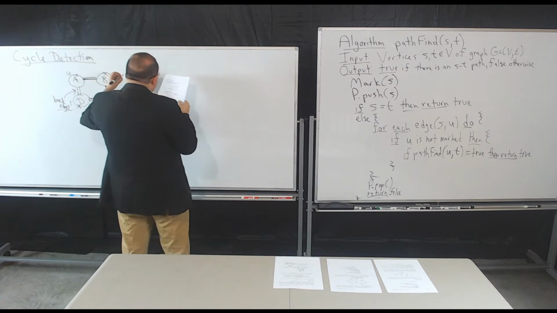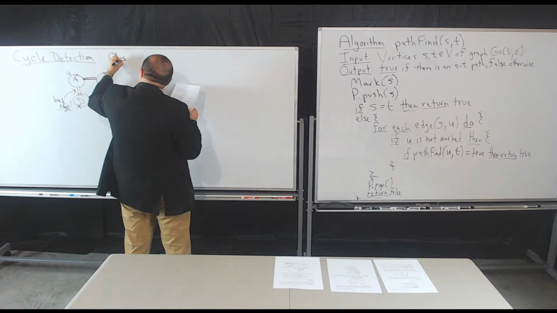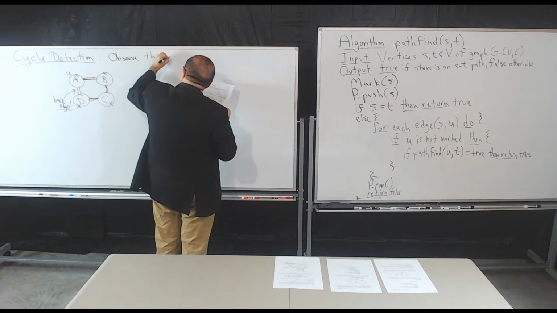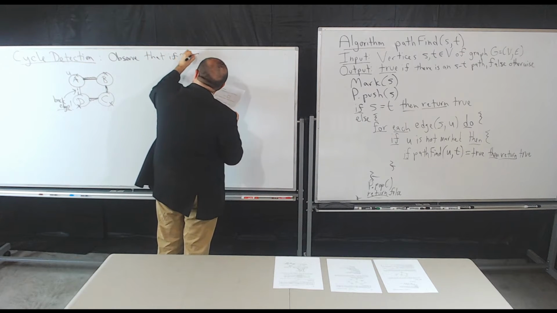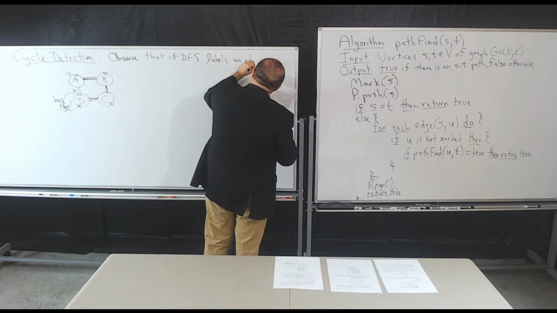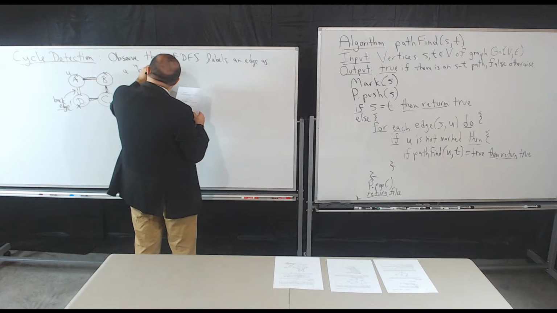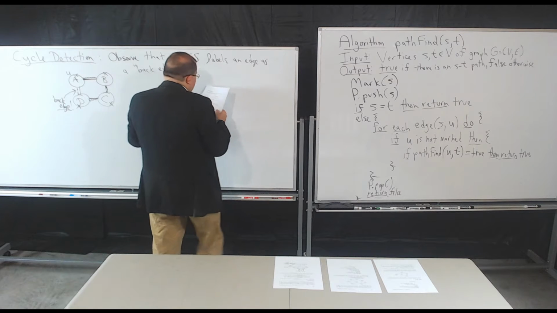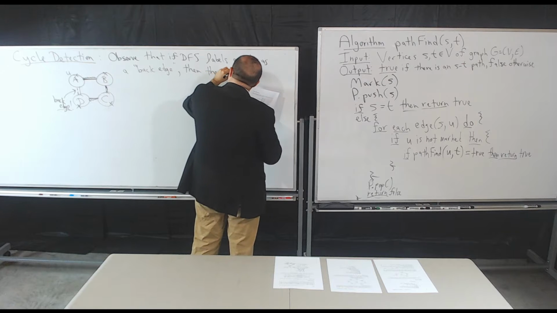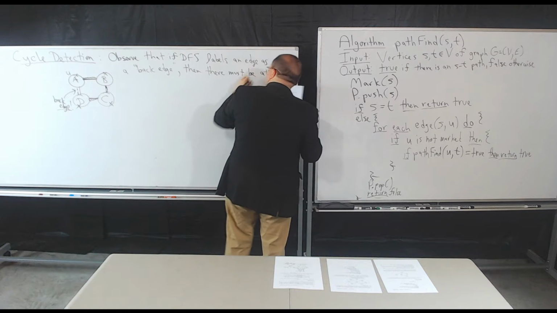So how do we detect a cycle? How do we know a cycle exists? So I'm going to say observe that if the DFS labels an edge as a back edge, then there must be at least one cycle.